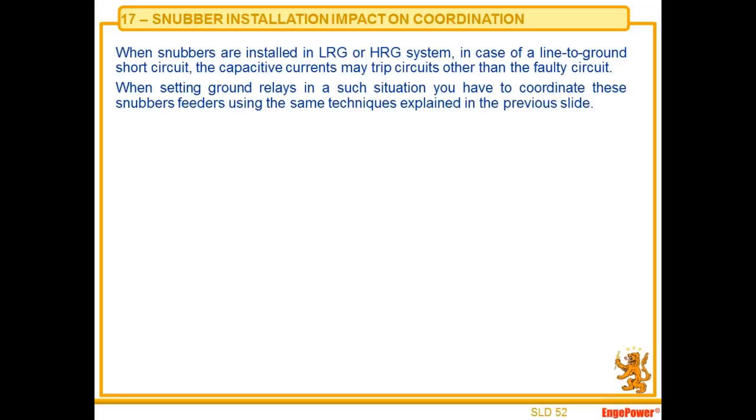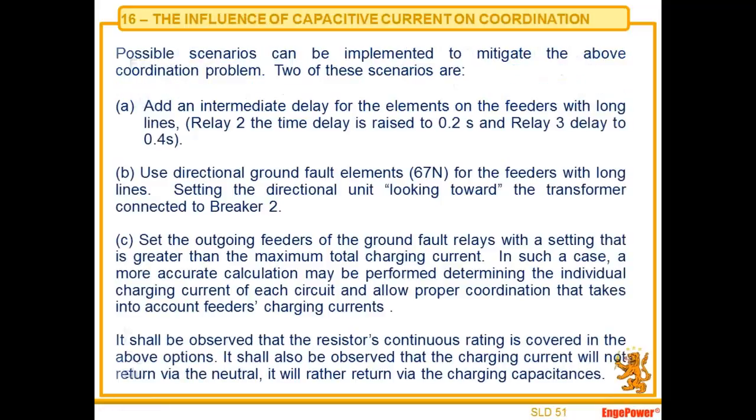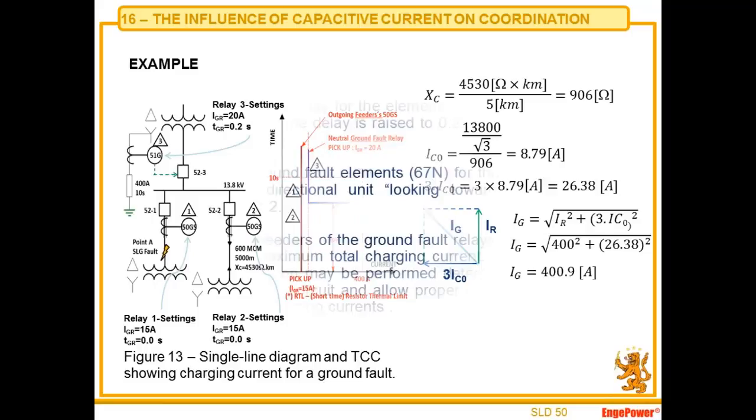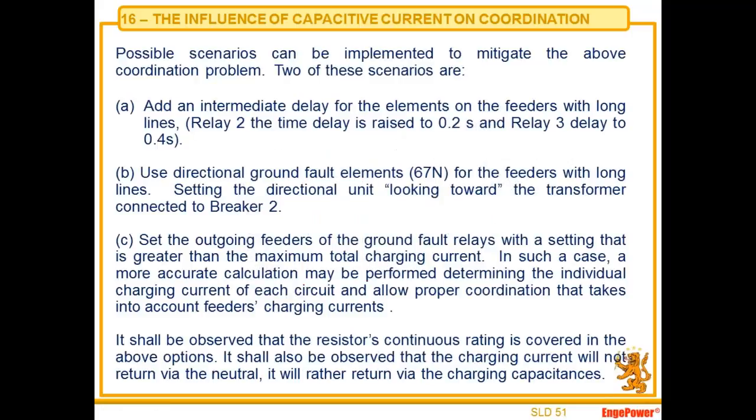And if your system is a low resistance ground or high resistance ground system, the same issue of capacitive current applies here, because the snubber is installed as near as possible to the transformer. So you may have a problem here and trip during ground faults in other feeders. So you will use the same technique we provide in this slide here.